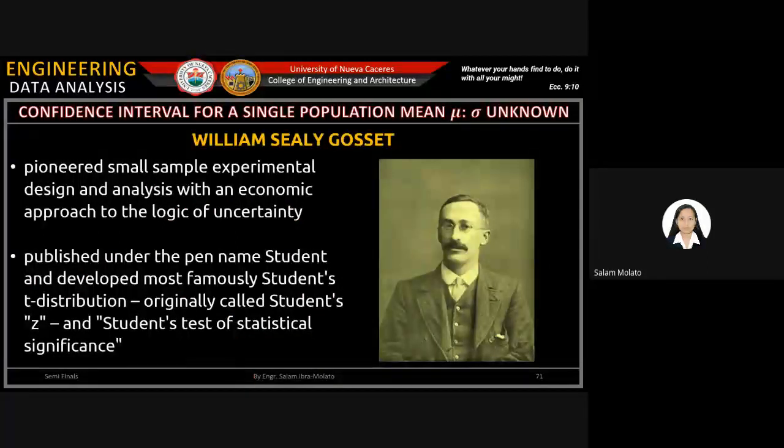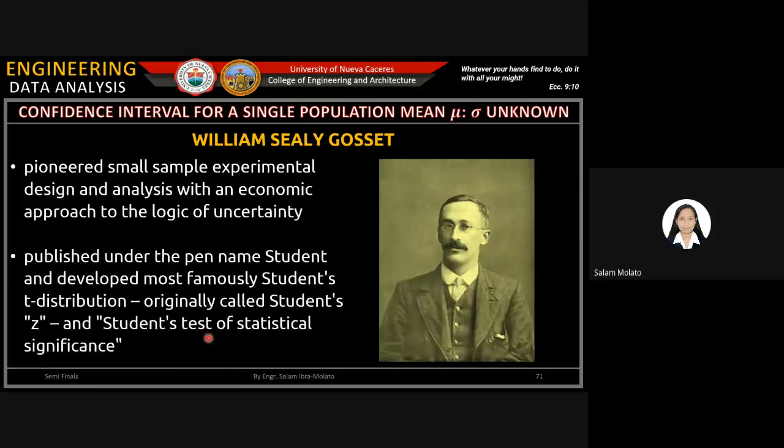Okay. So, let's start with this. William Sealy Gossett pioneered small sample experimental design and analysis with an economic approach to the logic of uncertainty. He published under the pen name Student and developed, most famously, Student's T distribution, originally called Student's Z, and the Student's Test of Statistical Significance.